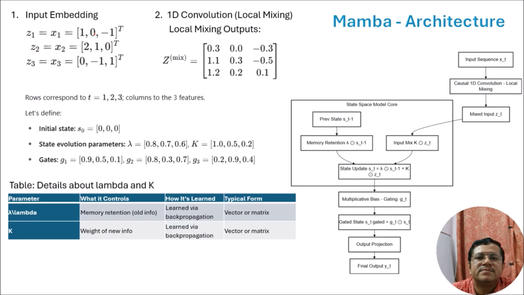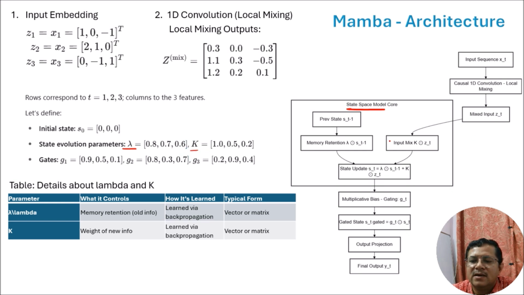After that, the next phase is the state space model core computation. Before going into that, we will explain that we are using two different vectors. First is lambda and second is k.